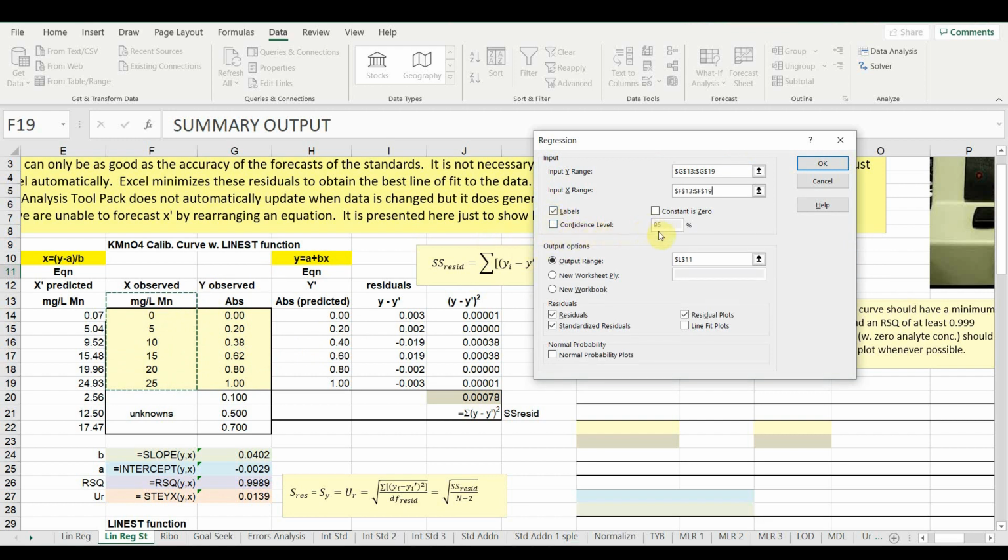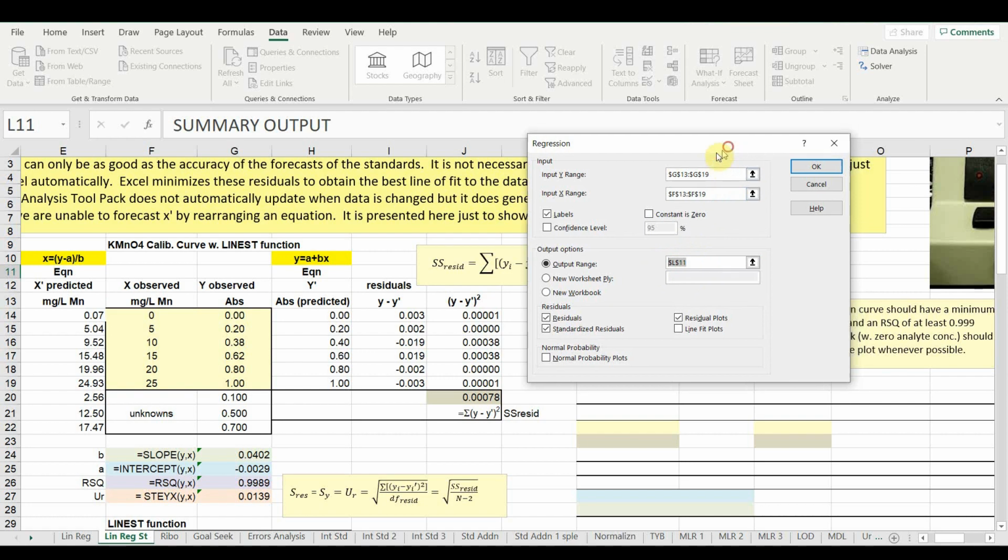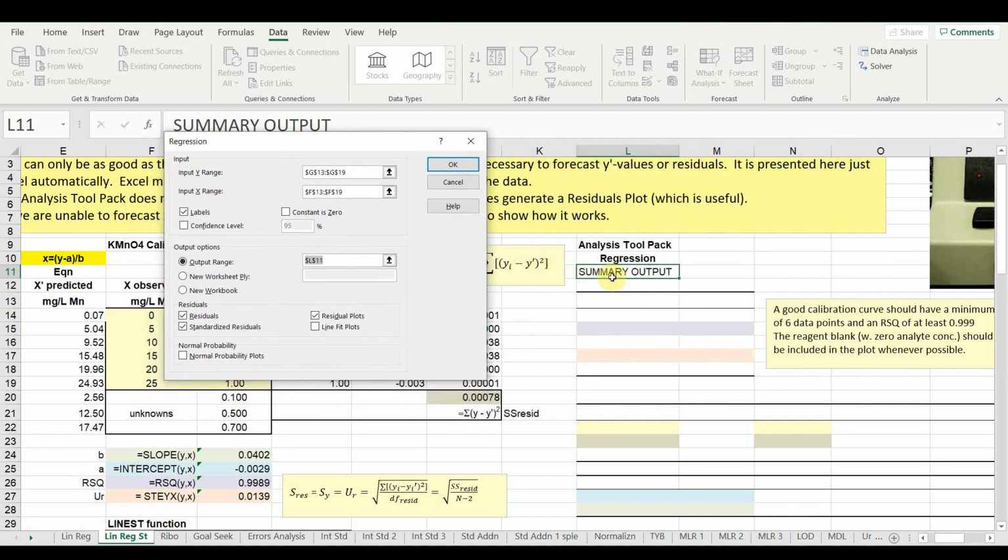The 95% confidence level is chosen by default. That's what we want. For the output range, choose a cell which is in the top left corner. I'm going to choose cell L11 in my case. And check off residuals, standardized residuals, and residuals plots.